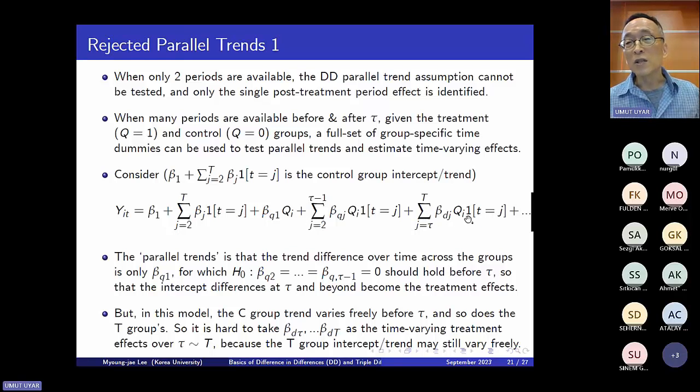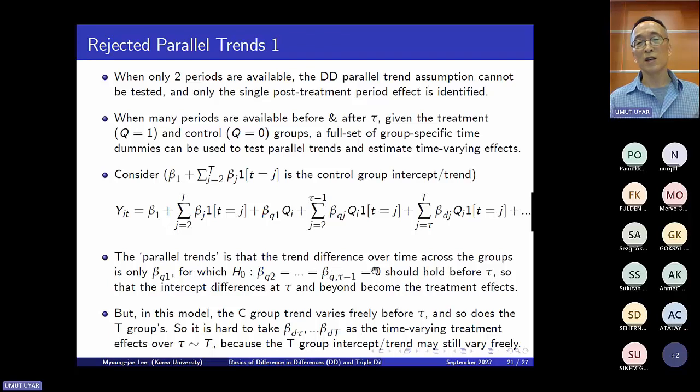And this part, Q times time dummies after the treatment timing, is the treatment effect that is allowed to vary over the duration of the treatment. And people set up a model like this and test for parallel trends by setting up this null hypothesis.